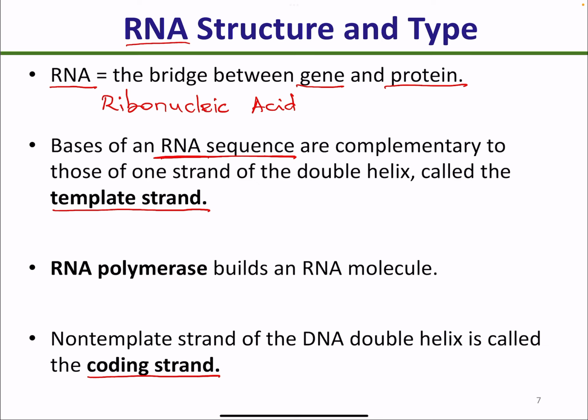So rather than reading the strand of DNA that carries the gene, we are going to read the complementary strand of the one that carries the gene, so that you are going to produce a sequence that is exactly the same as the one that carries the gene. All right? It may sound confusing, but that's the way it works.